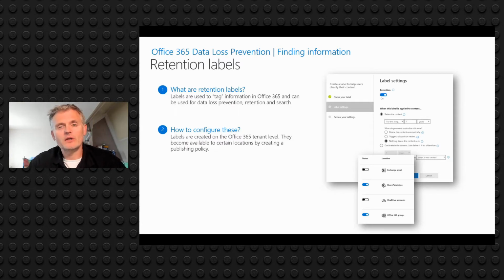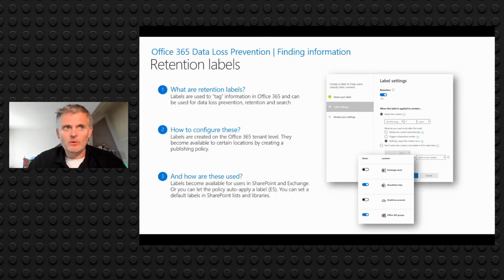You configure them on an Office 365 level, and then by using a policy, again a policy, you publish them to specific locations and then they become available within those locations. Okay, how are they used? Well, once labels are available, you can use an auto-labeling policy if you have the licenses, which means that the system uses those sensitive information types already mentioned to detect the information and apply the label for you.